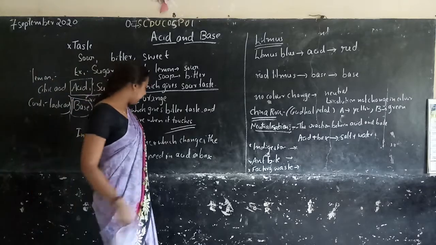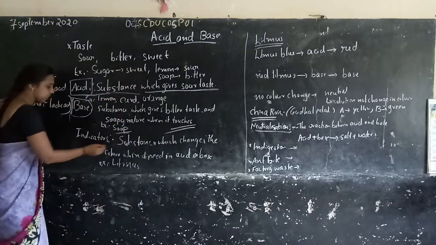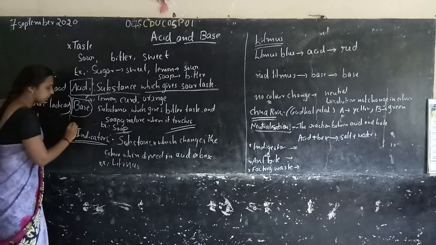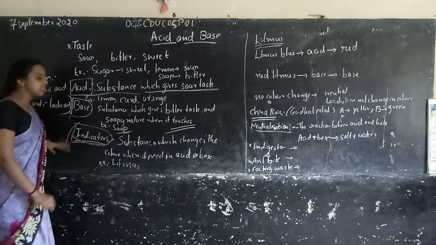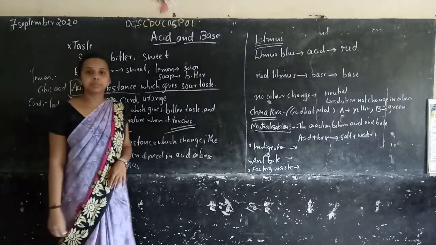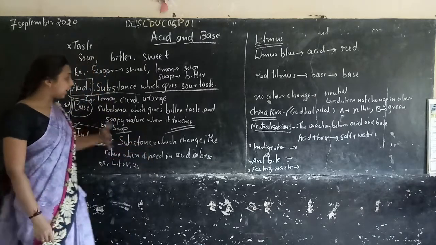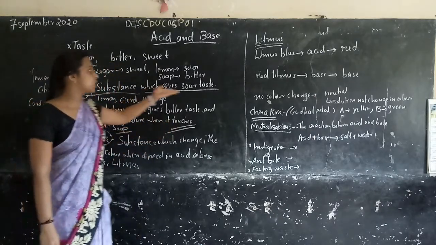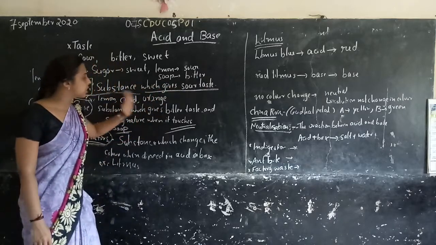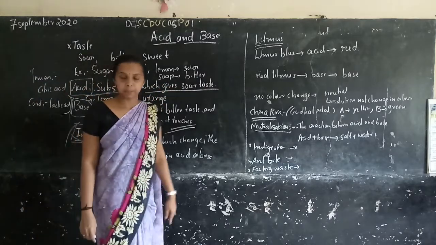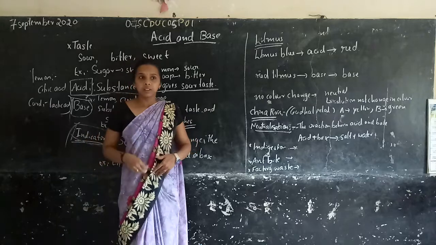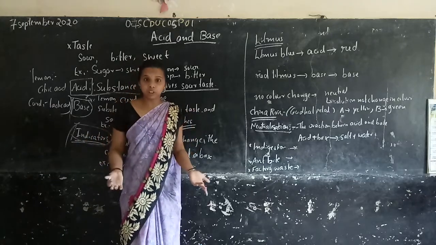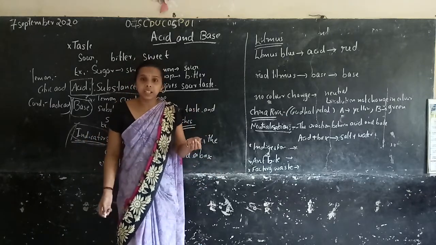Next in our study is indicators. What is the meaning of indicator? We have a definition: a substance with a sour taste is an acid, a substance with a bitter taste is a base. But can we directly taste any food or material?